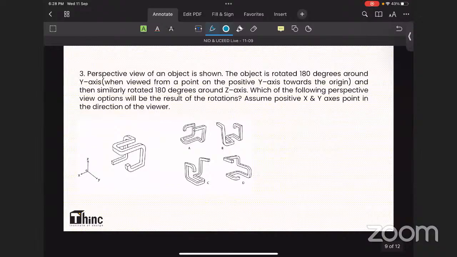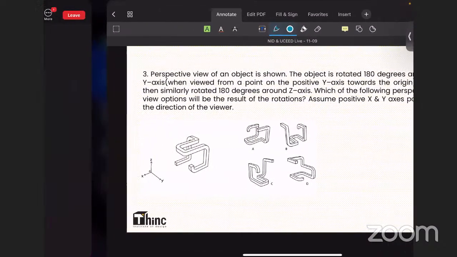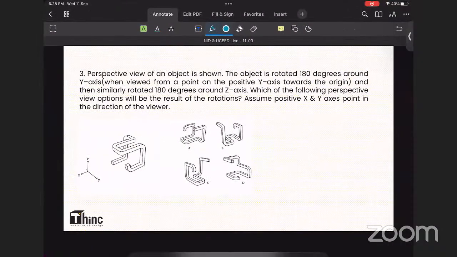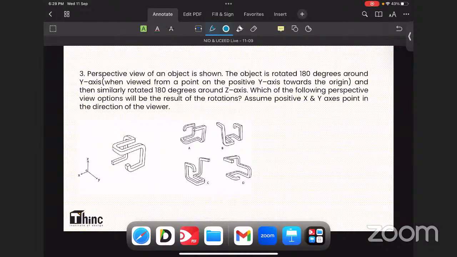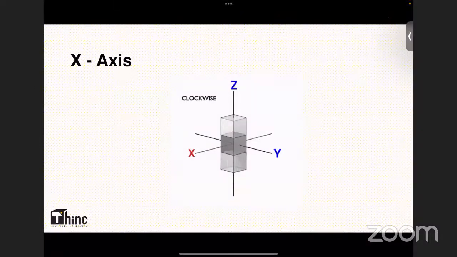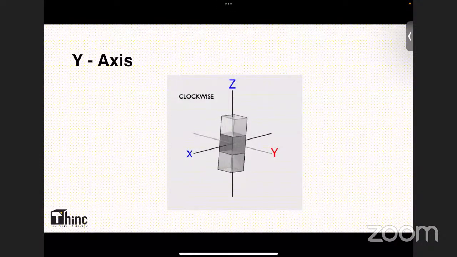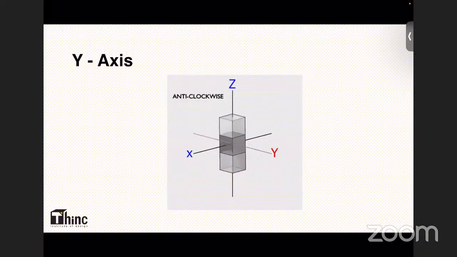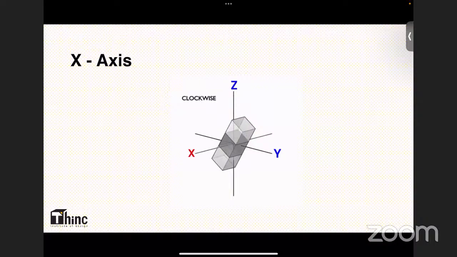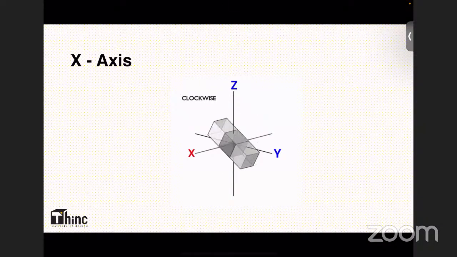I think we need to get into some basics of 3D rotation. Earlier we just rotated a line and learned those things. Now you can find a GIF over here. We can start with the x-axis. See how clockwise and anti-clockwise rotation is happening about the x-axis.